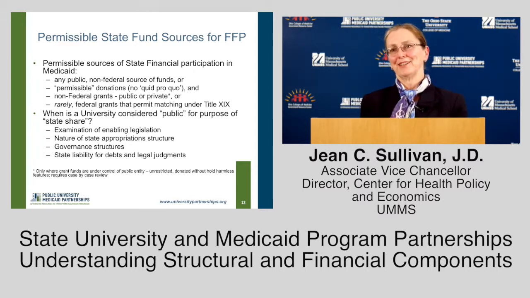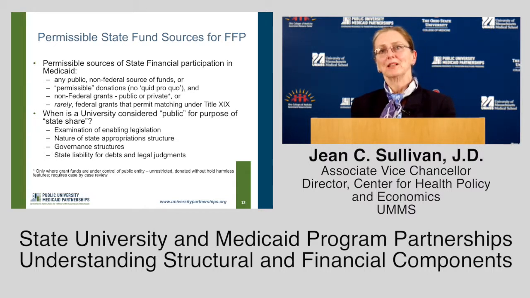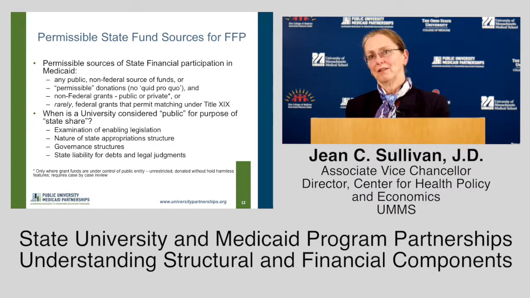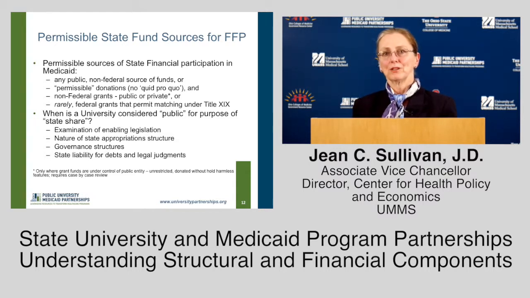There are factors that any reviewer, whether it's the Federal Oversight Review or courts, consider in determining whether a university's own funds, operating funds or otherwise, are public or public enough to qualify as a source of spending for FFP claiming purposes. And the kinds of things that we look at are what the enabling legislation for the establishment of the public university says about its public purpose and mission. Does it receive state appropriations?